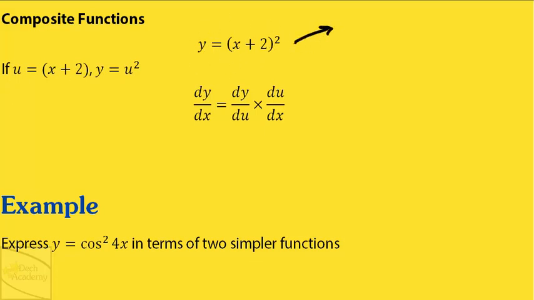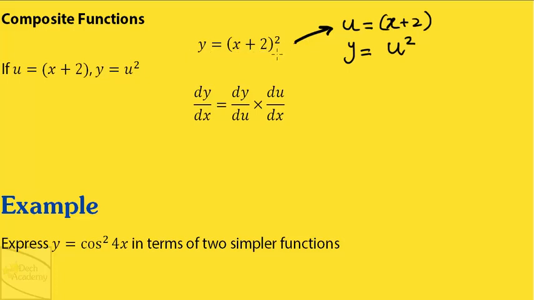So this equation, y is equal to (x + 2) squared, has been broken out into two functions: u is equal to x + 2 and y is equal to u squared, because y is actually (x + 2) squared and x + 2 is u. The benefit of this is that it makes the differentiation easier.